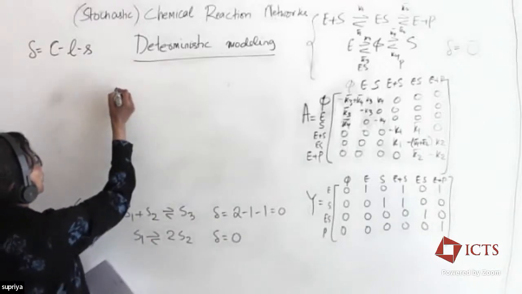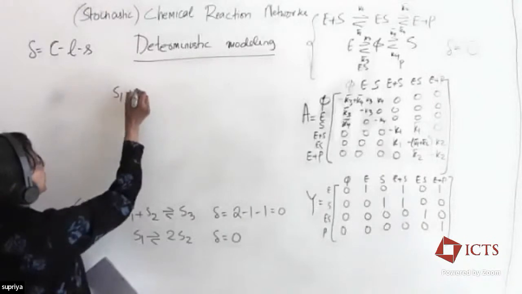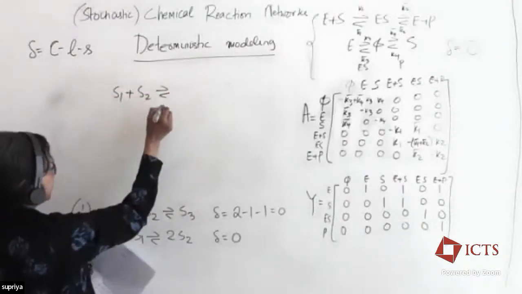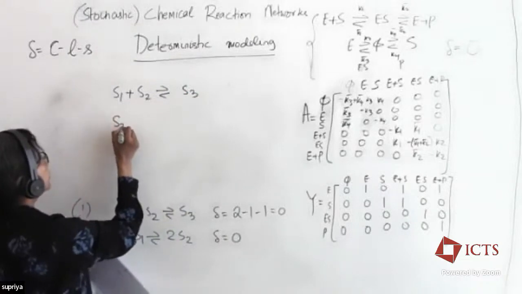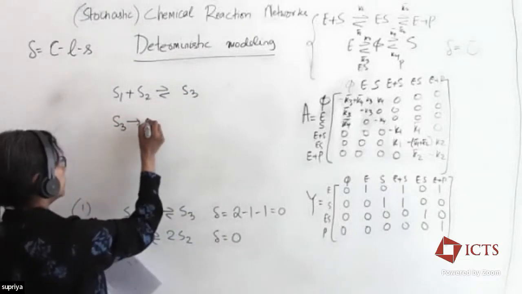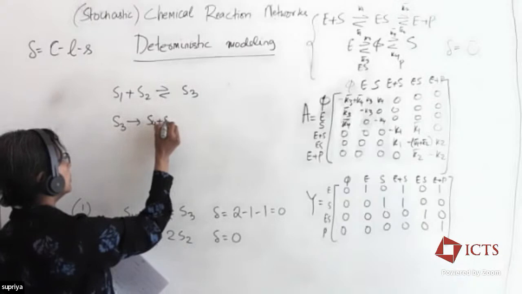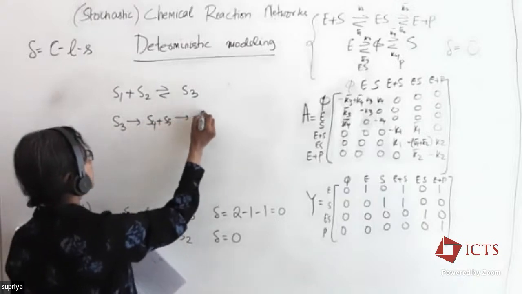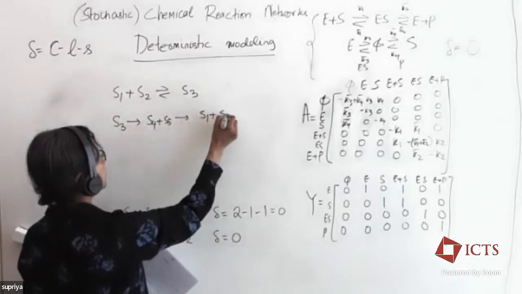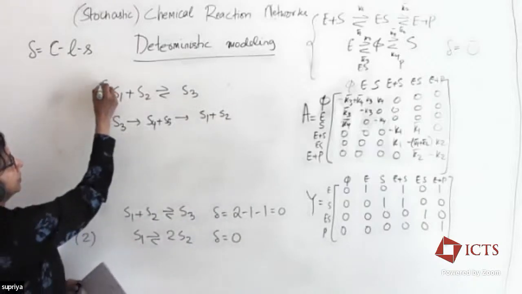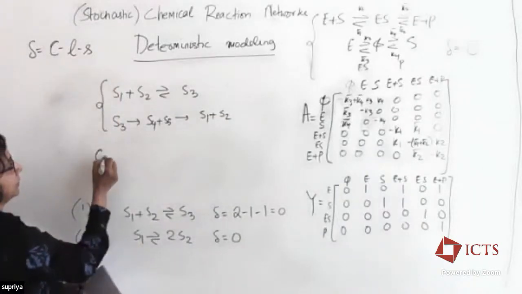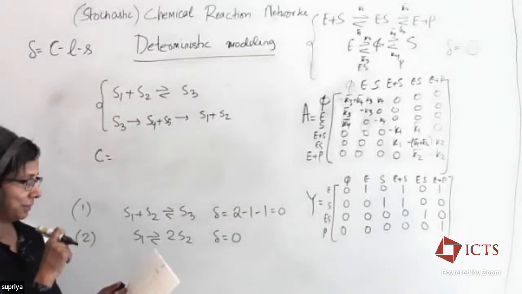Okay, so what if I have a chemical reaction network that looks like this? How many complexes?